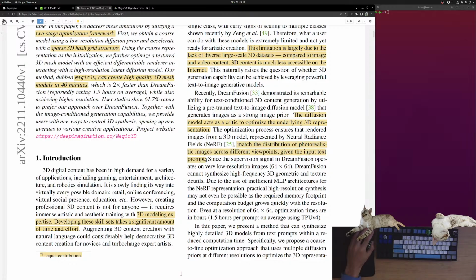Yeah, I think they explicitly use ways of describing these viewpoints in the text, right? So they might say a frog with a crown from the top, a frog with a crown from the side, and then they're trying to get the NeRF to match that.